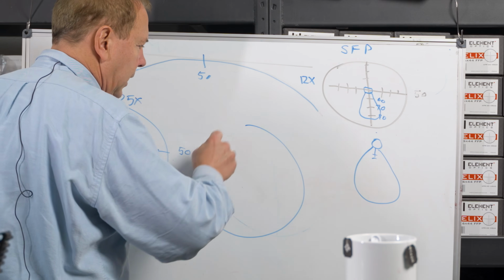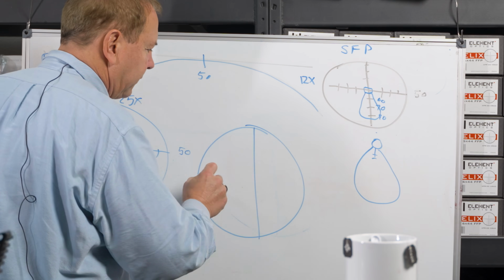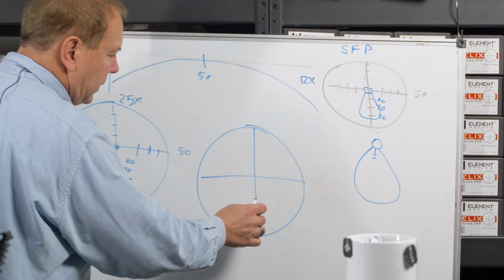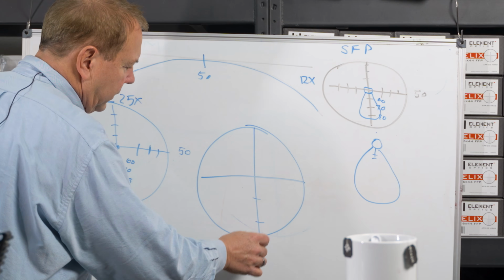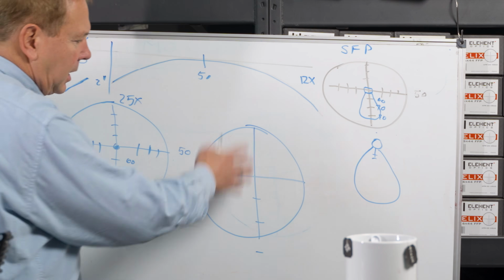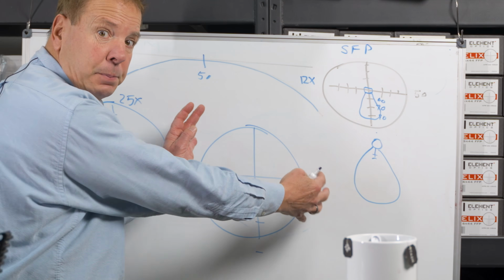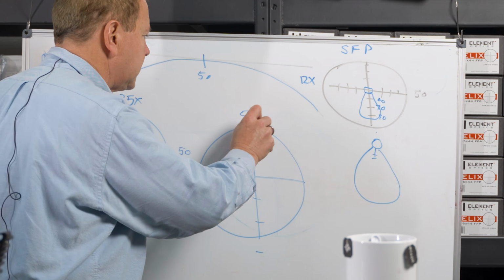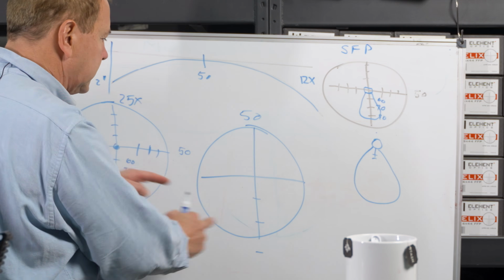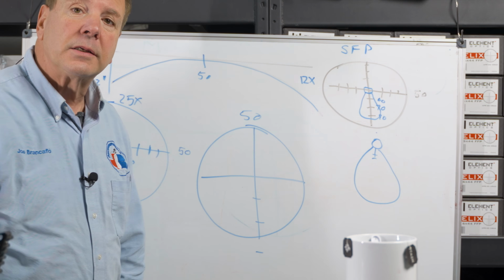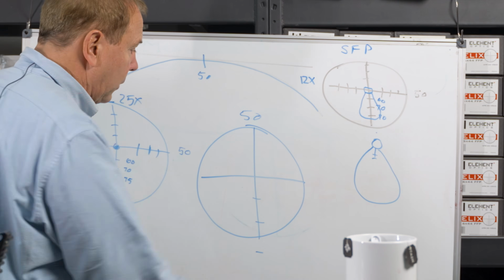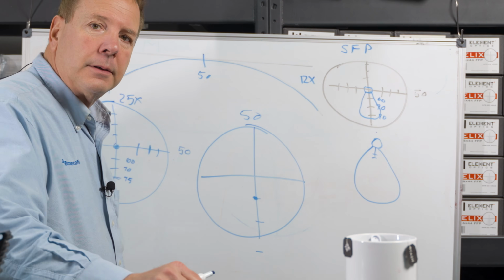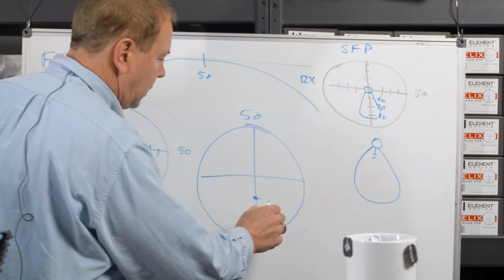Okay, we could go down in power too, but that would have been better if I started out at a smaller power. Okay, now we doubled it. This is double the picture. The picture is twice as big. The gopher is twice as big at 50 power than it was at 25 power, and the reticle is twice as big too. So now we still choose the first mil dot, because that's going to put us right on at 60 yards.